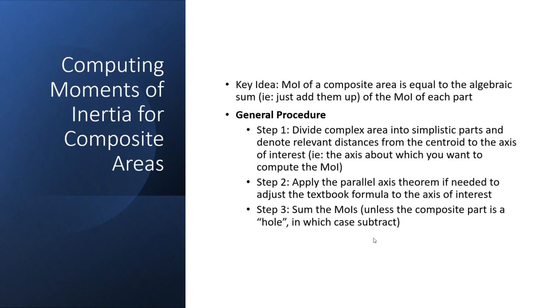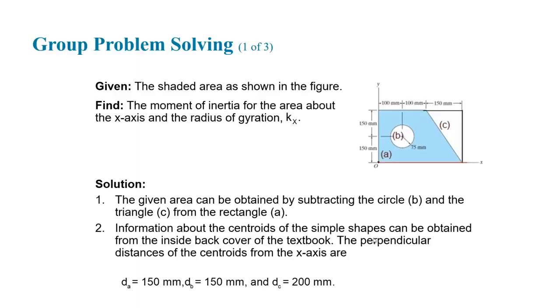It will likely happen that you'll want to find the moment of inertia not about the centroid of these shapes, but about some other axis. So just apply your parallel axis theorem, which basically means see the perpendicular distances that you need for your geometry and multiply the square of those times the area to adjust the moments of inertia. And then just add them up, making sure that if it's a hole, you subtract it away.